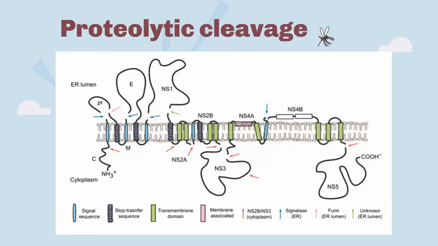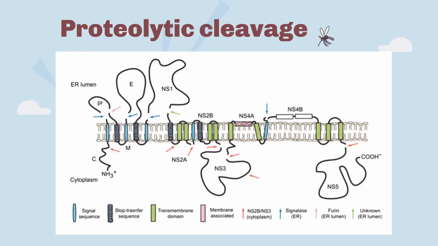Since the viral genome of dengue has only a single open reading frame, all the structural and non-structural proteins of dengue are translated together in the form of a polyprotein. For each of these proteins to be functional, they should be separated from each other by proteolytic cleavage at the endoplasmic reticulum membrane. Within the ER lumen, the host proteases such as signalase and furin are responsible for the proteolysis of the polyprotein.